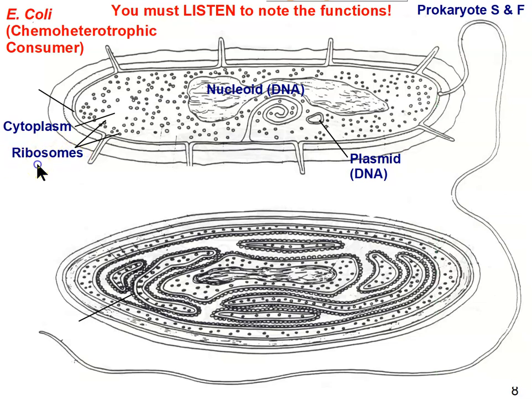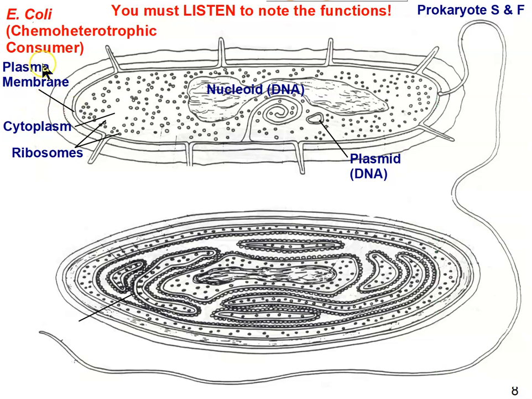Just outside of the cytoplasm and surrounding the entire cytoplasm and lining the first layer here that we see outside of the cytoplasm is the plasma membrane. You can also call it the cell membrane, but I prefer to call it the plasma membrane. It's a more technical term. And it helps you not confuse it with the cell wall, because we're also going to be labeling the cell wall.